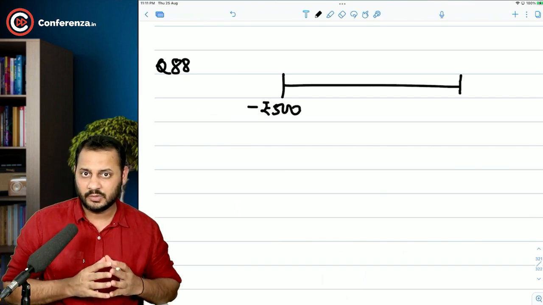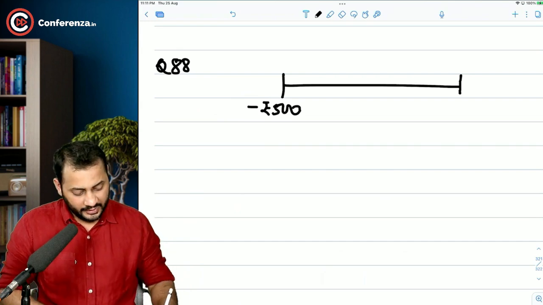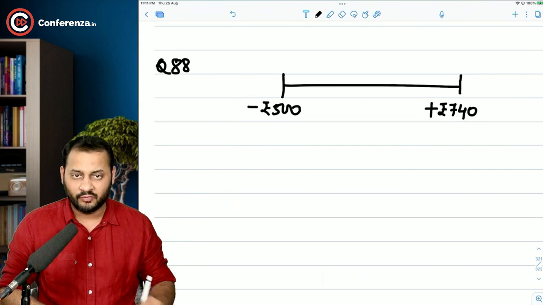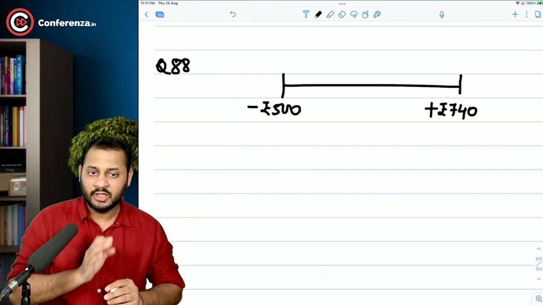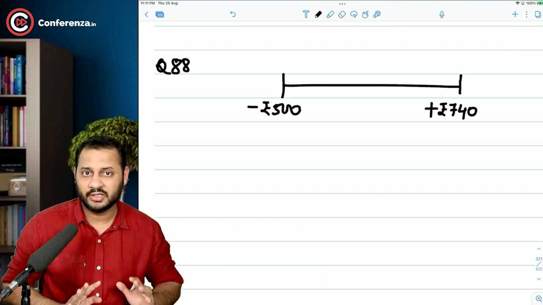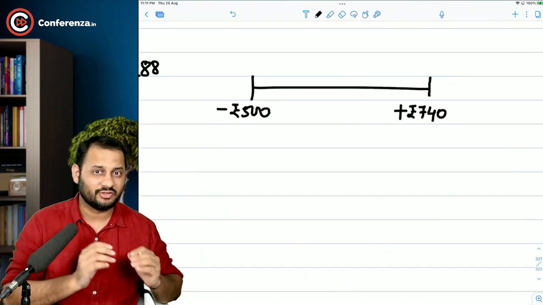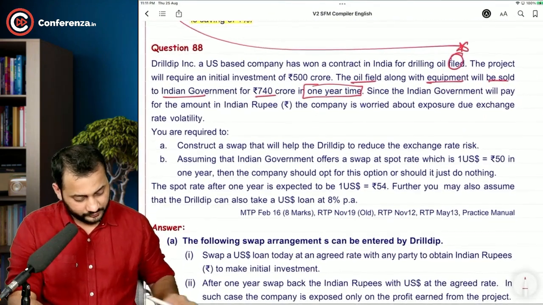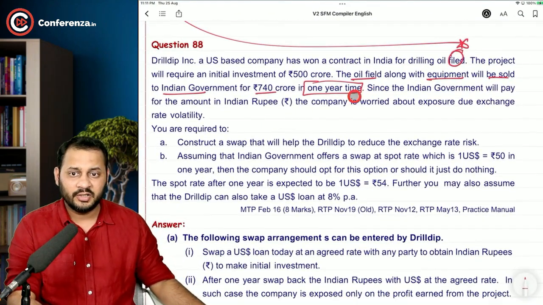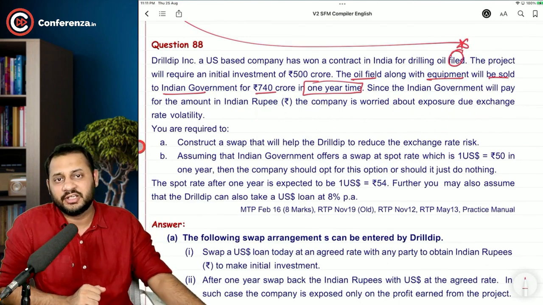You are a US company coming to India, investing in rupees, and you will sell this project to Indian government at the end of 1 year for 740 crore. Now the owner will be Indian government and this has been decided from the very beginning. You will have a profit of 240 crore rupees for sure, but that's not the issue now. Since the Indian government will pay the amount in Indian rupee, the company is worried about the exposure due to change in the exchange rate.